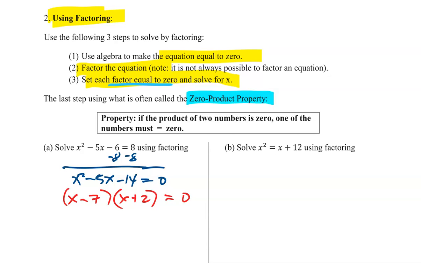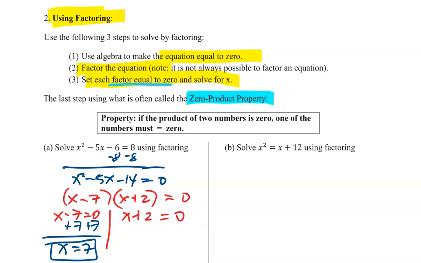Then set each factor equal to 0. So x minus 7 is equal to 0, x plus 2 is equal to 0, and then solve for x. So we need to add 7 here, so that x is equal to 7. Here we subtract 2 both sides, so that x is equal to negative 2.